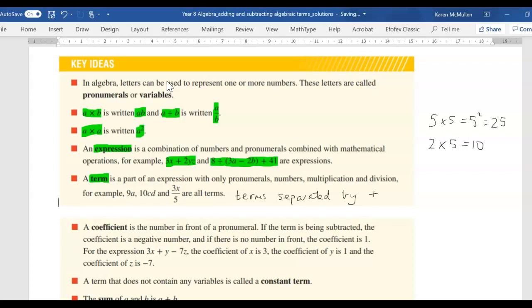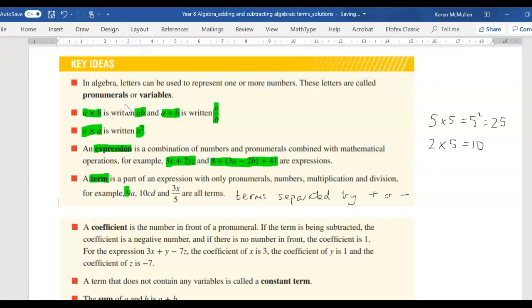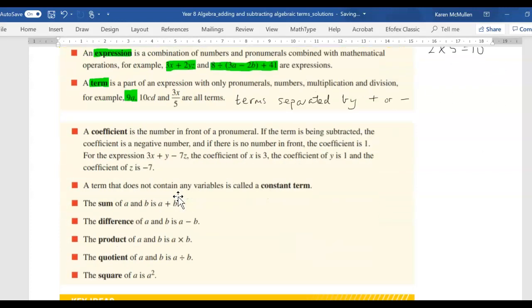As you can see in those examples, here we've got 9 times A. 9A is a term in itself. Whereas back up here where we've got 3x plus 2yz, 3x is a term and 2yz is a term.